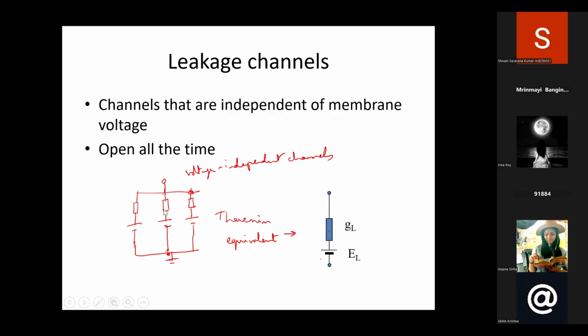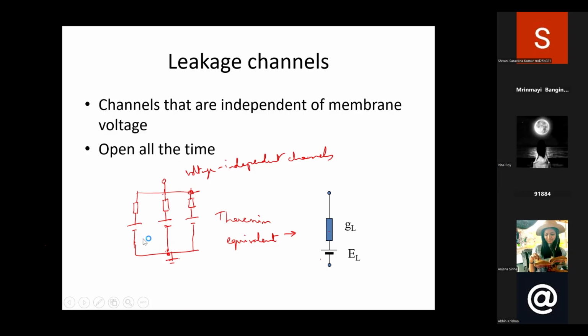Or you can have other sodium channels which are not voltage dependent but voltage independent. Then again you have other branches like this. So imagine you have a lot of channels, all of them voltage independent, each with a series of conductance and battery.